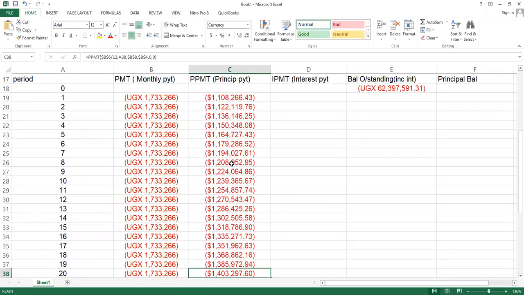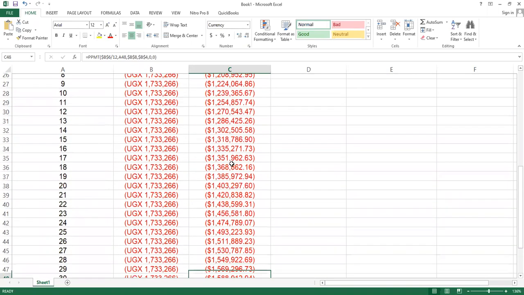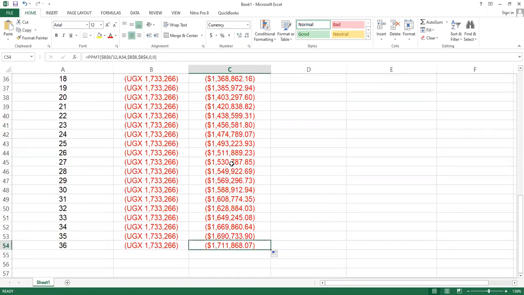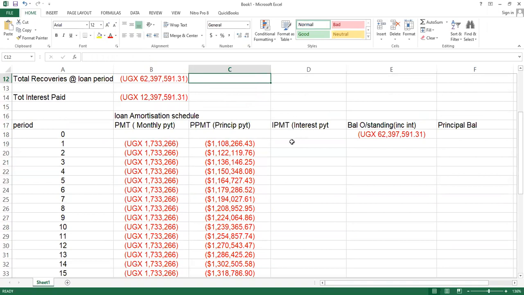For the interest, you will see that it begins high, and towards the end of the loan period it will be low.